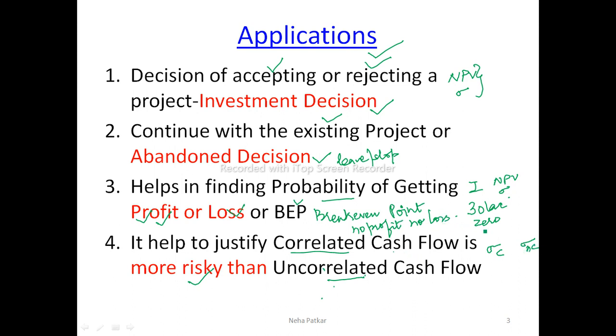Obviously this, the correlated. Okay, this will be greater. So we can conclude that standard deviation is higher, variability is higher, risk is higher. Okay, and in the next slide I will tell you why we are using sigma for correlated and sigma square for uncorrelated.